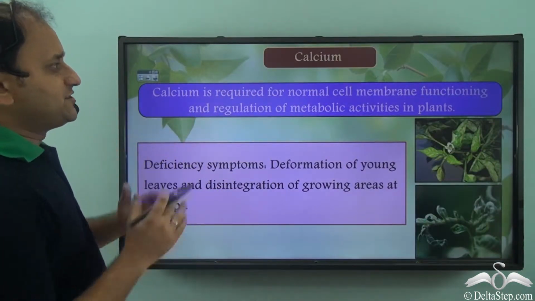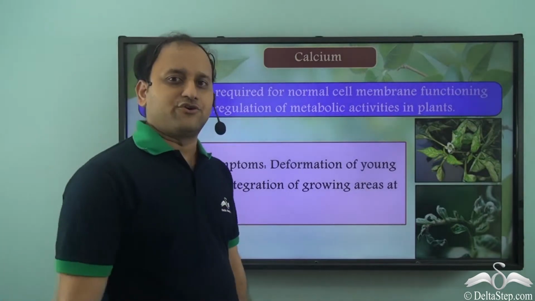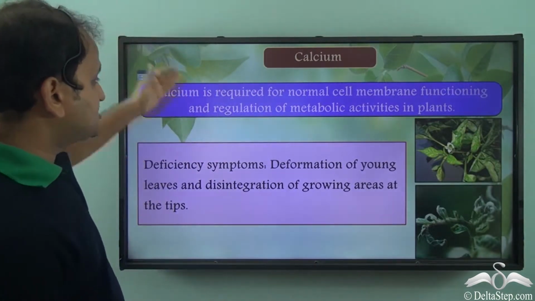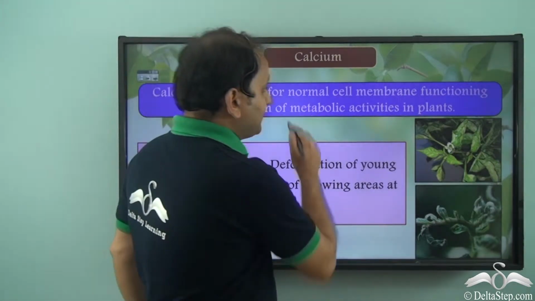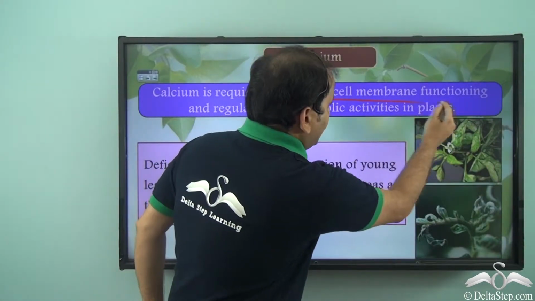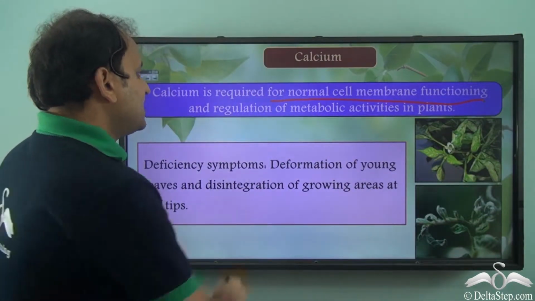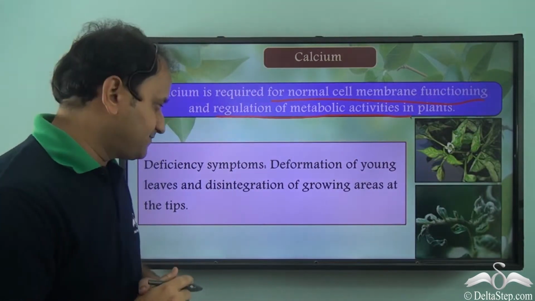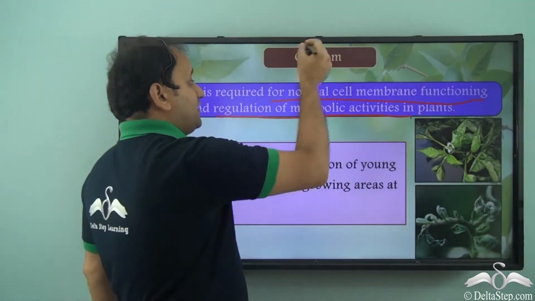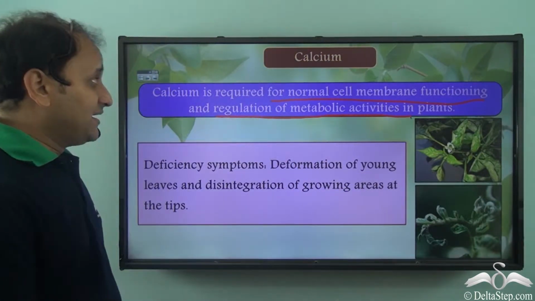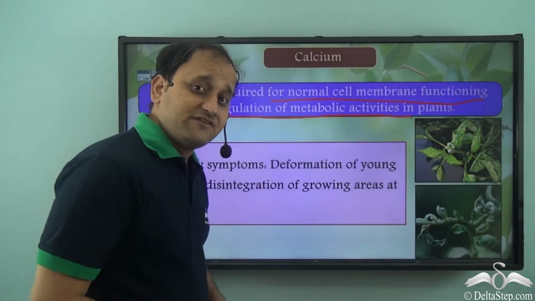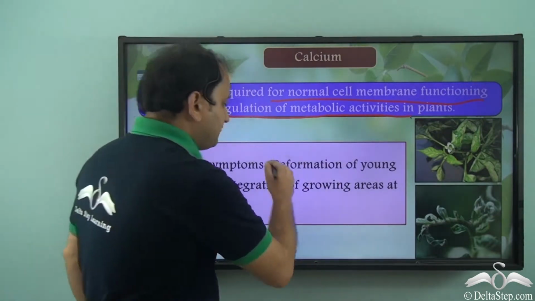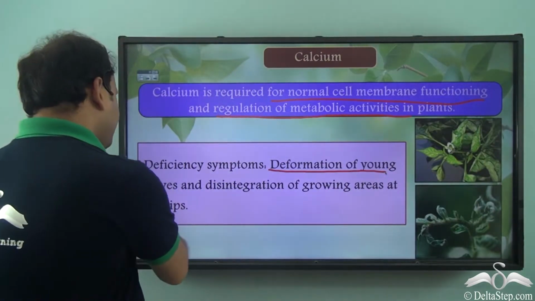Now, let's come to calcium. Calcium is another important macronutrient and calcium is required for normal cell membrane functioning and regulation of metabolic activities in plants. So, if the plant is deficient in calcium, then what are the symptoms that we'll see? Well, we'll see deformation of young leaves.